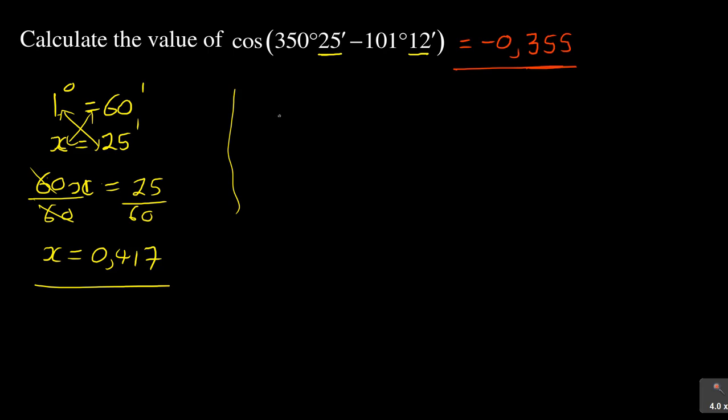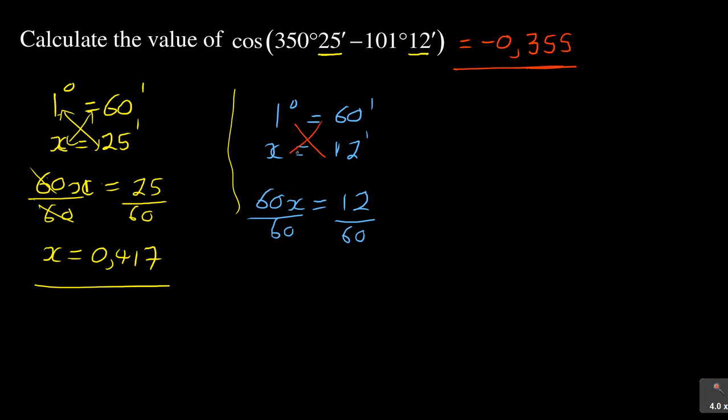Second one, 12 minutes. Again, 1 degree is 60 minutes. What about 12 minutes? It is x. So using the same concept, 60x is equal to 12. Divide by 60 on both sides. Remember, as I said, here you cross multiply.